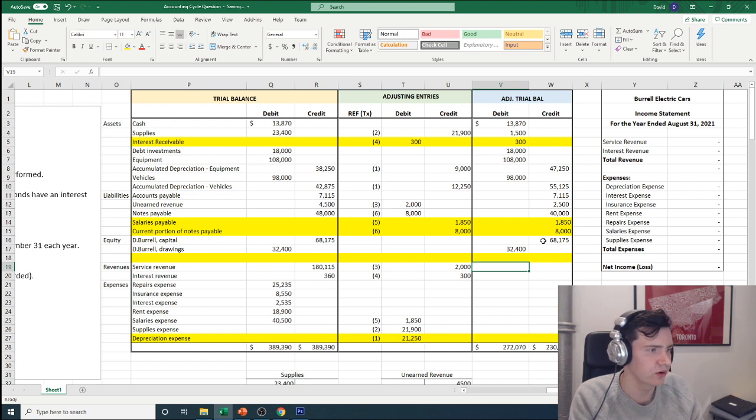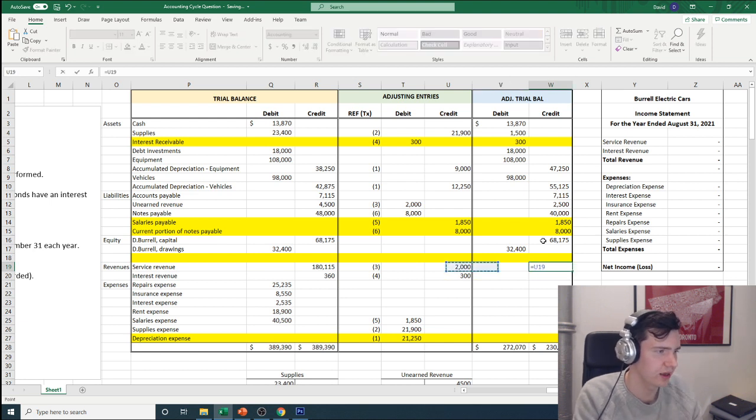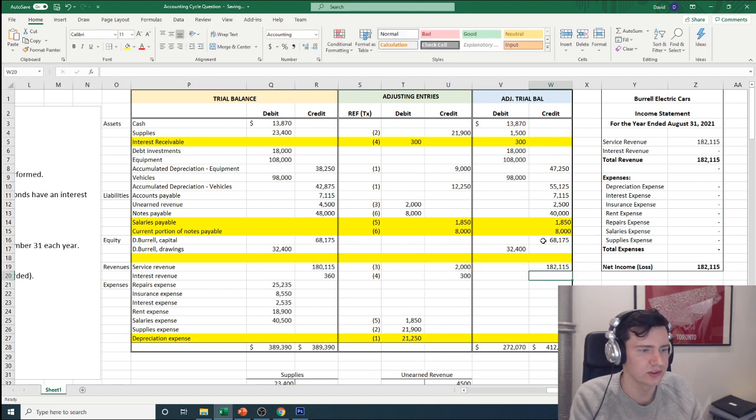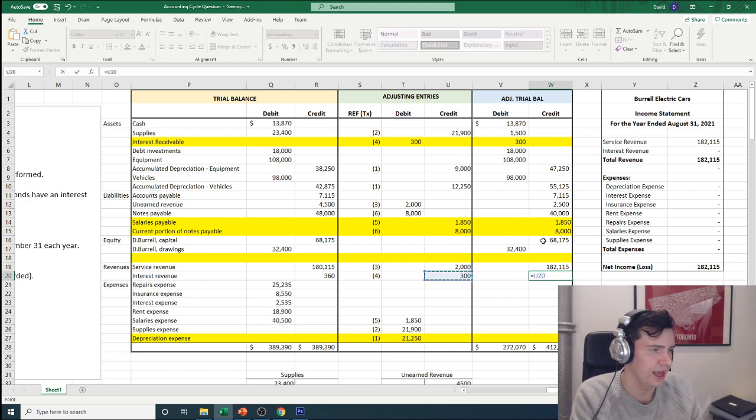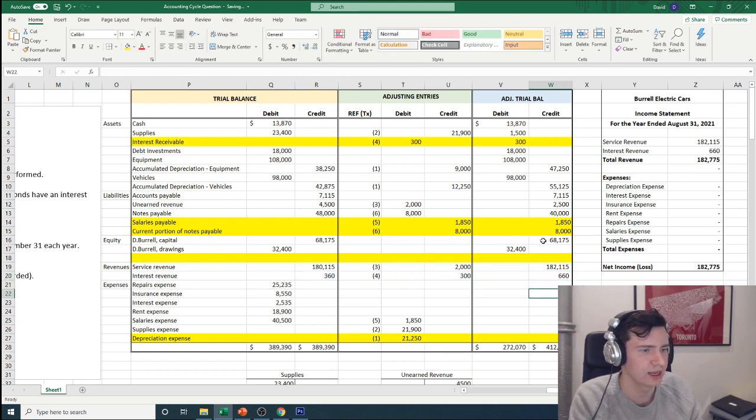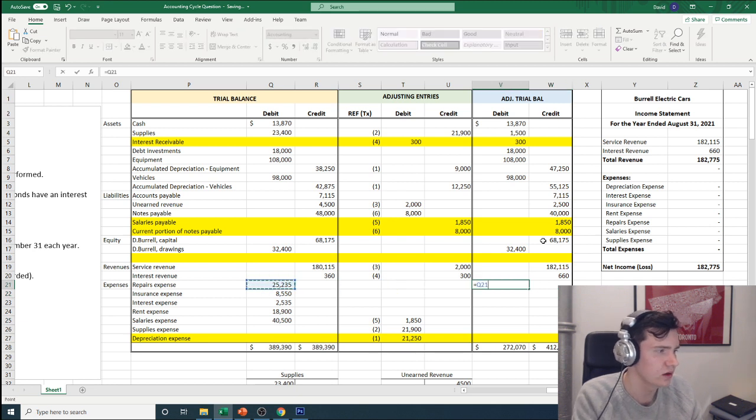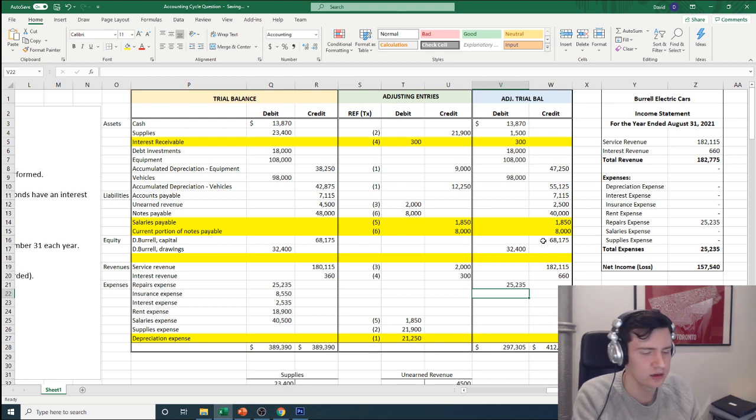Service revenue, we're going to have 180,115, add it to the 2,000, and we have that total amount. Add the 360 in interest revenue to the 300, we'll have 660. Repairs expense, there was no adjustment, so we're just carrying over that amount.